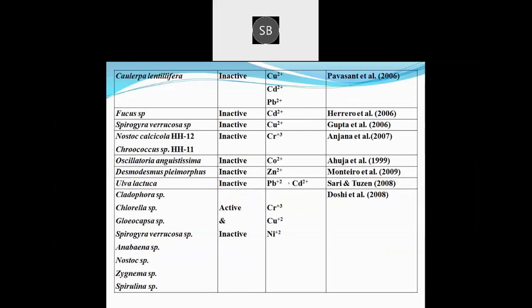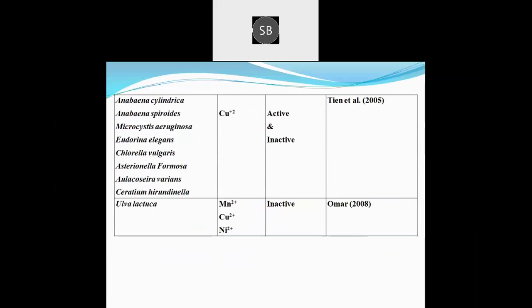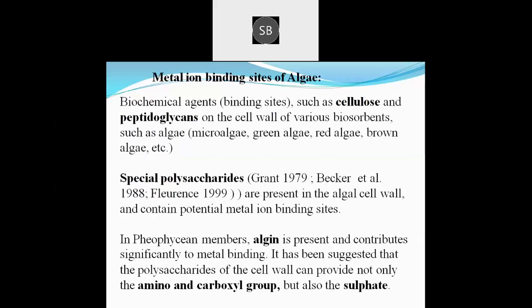So here also you will see the different algal species in the active or inactive form, and the metals which they removed, and these are the references or the authors who carried out the studies on the algae. Next slide, ma'am. So here are also some cyanobacterial studies on some cyanobacteria like Anabaena, Microcystis, Eudorina. So it is also given. Next slide, ma'am.